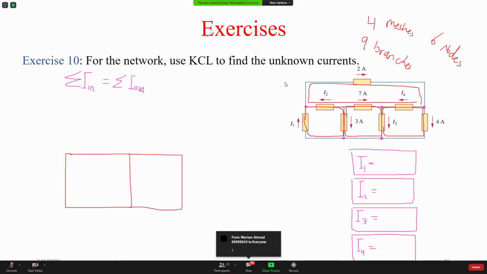Okay, how many intersections do we have? So intersection, this is one, and this is another one, right? Intersection means branches meet together. Now, how many branches do we have? If we go this way, this is one street, one street, one street.